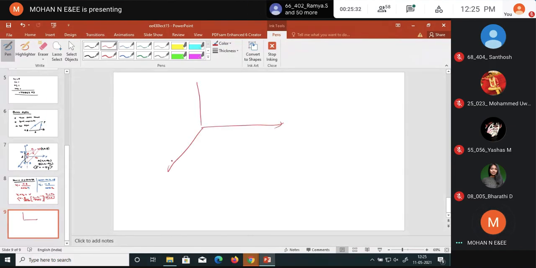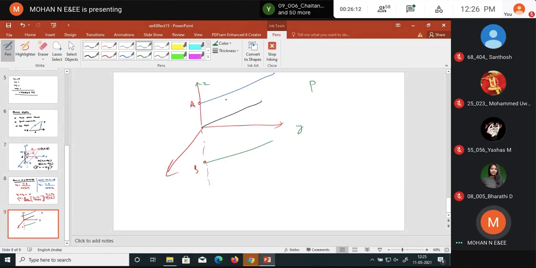So let me do it like this. This is point A and this is point B. I will just drop the lines like this from the origin and from B. So the point P is very far, somewhere here.